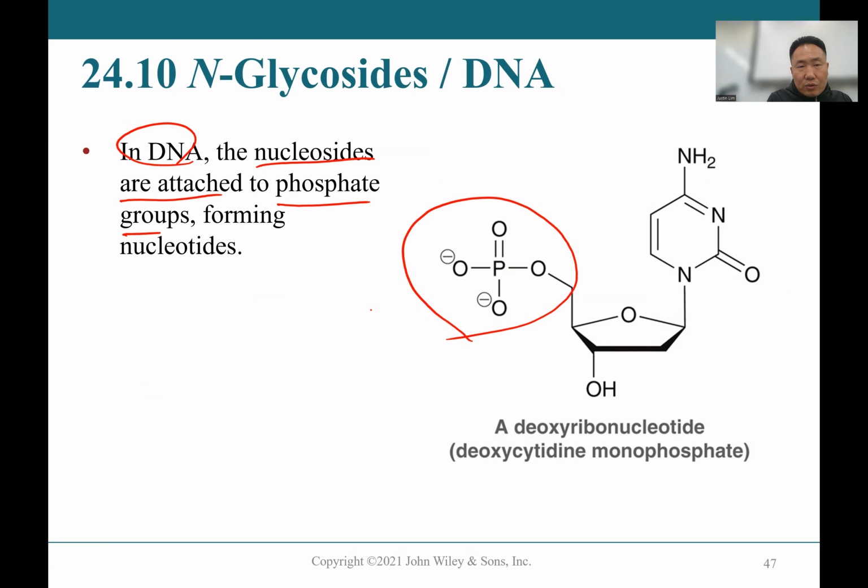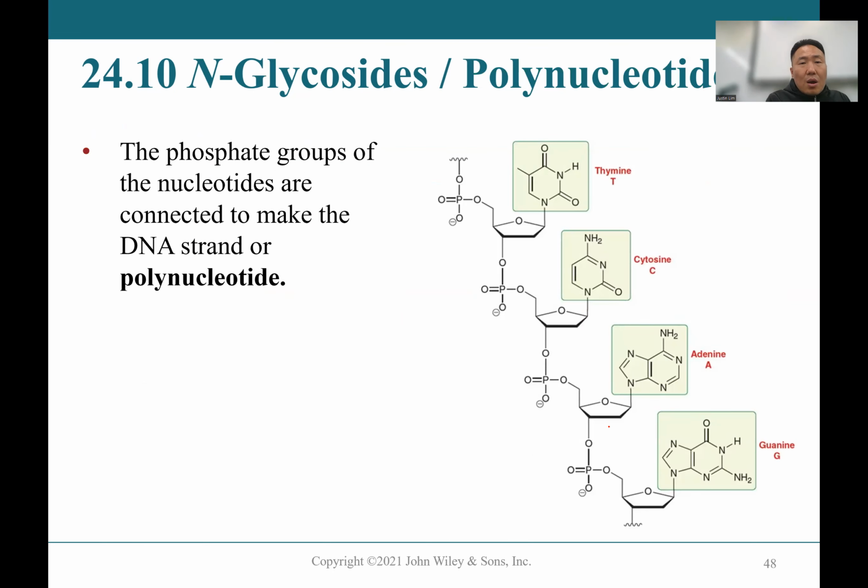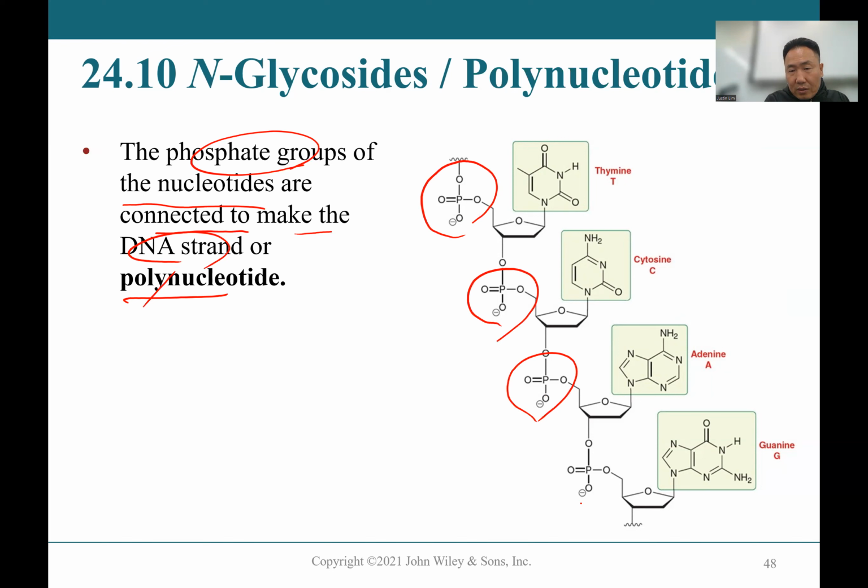This is the phosphate group, forming a nucleotide. This is a nucleotide. Phosphate groups of nucleotides are connected to make a DNA strand, the polynucleotide. You see the bases: thymine, cytosine, adenine, guanine.